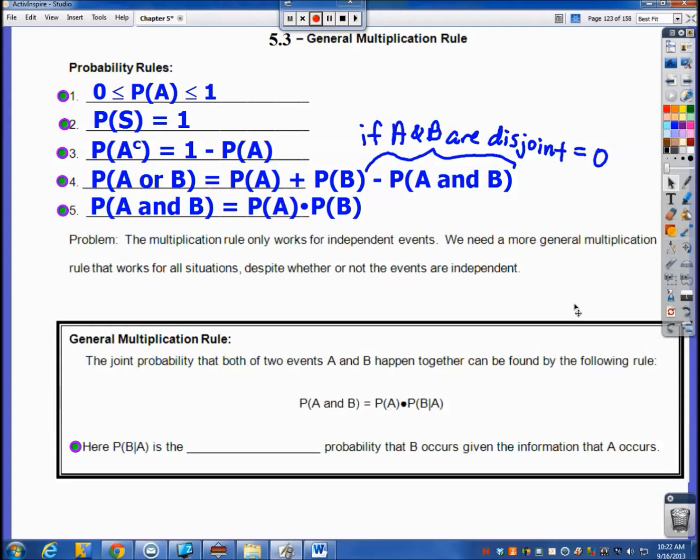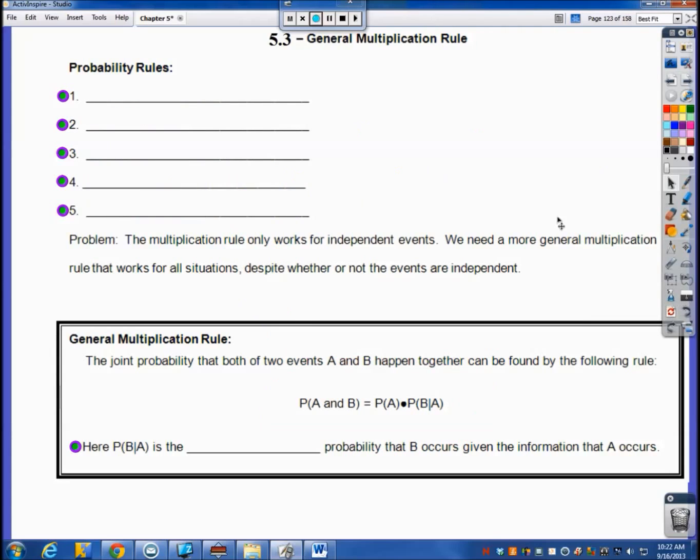So the joint probability that both events A and B happen together can be found by using this rule here. And this looks pretty much like the same rule up here, except we've got that little addition for a conditional probability. So clear all that off real quick here. So here the probability of B, and then that line A is called the conditional probability.